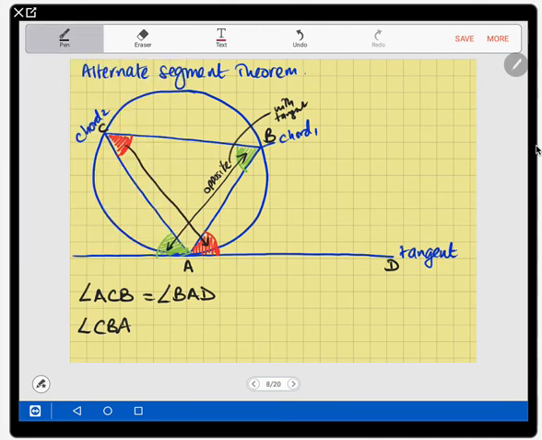Let me call this E. Angle EAC will be the same as angle CBA. All right. This is the rule. This is how it should be. This is what you got to remember.